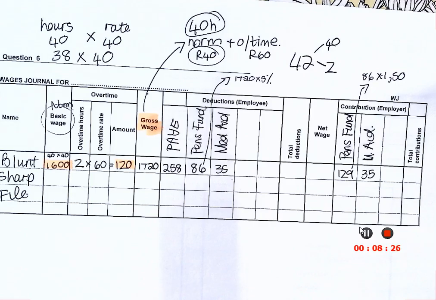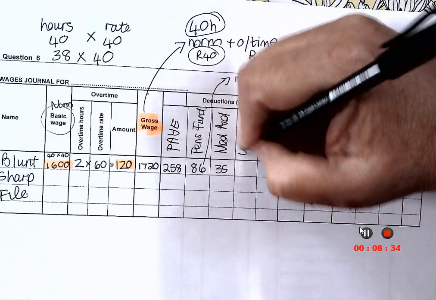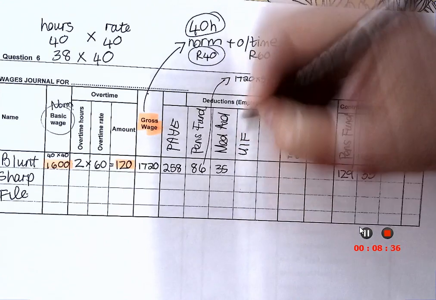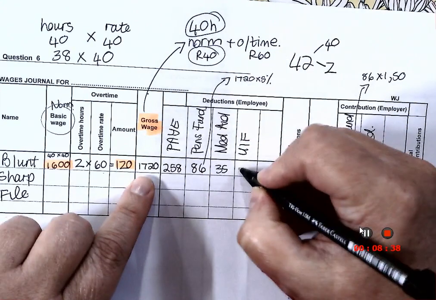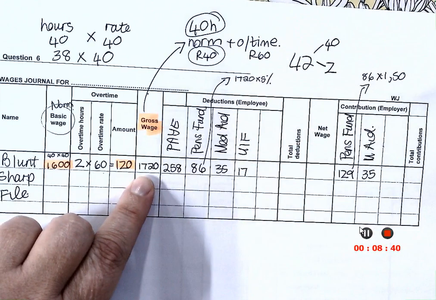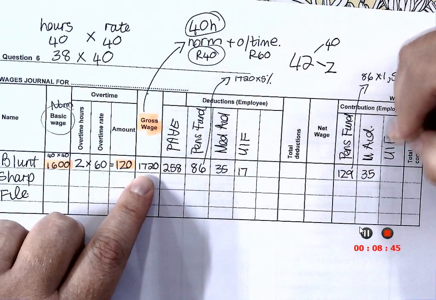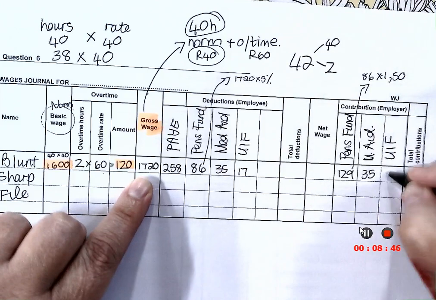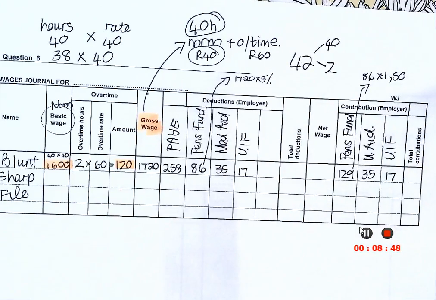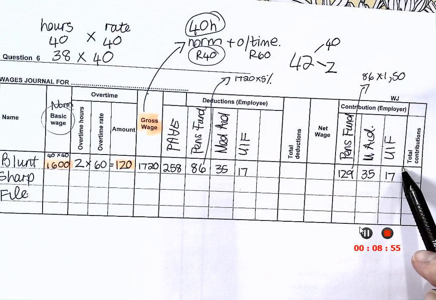UIF, 1% of the gross, and the firm pays the same amount. Round off. So UIF, 1% gives me 17.20 Rand. They say round off. Can you see there's no SDL with these contributions here?